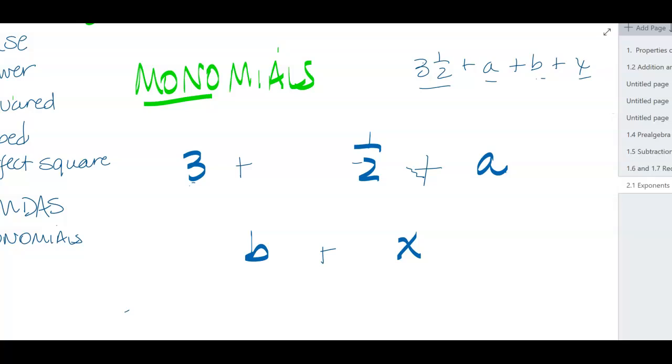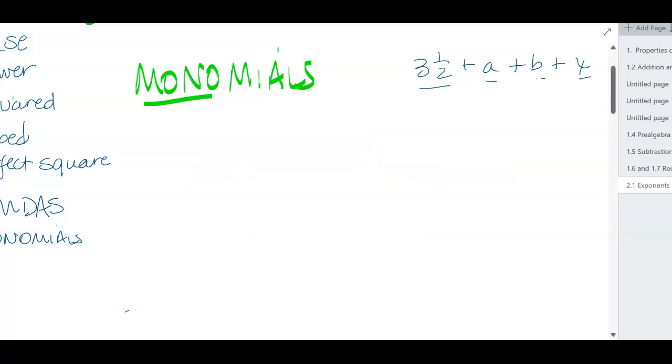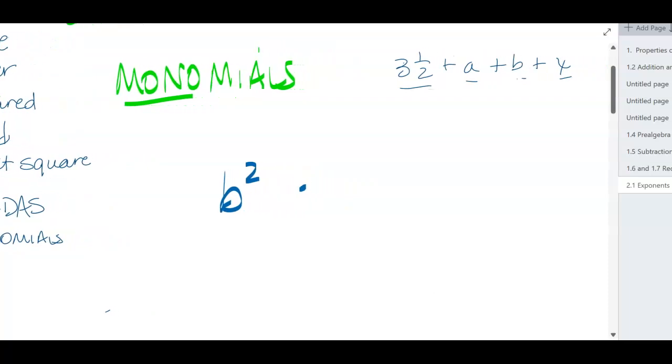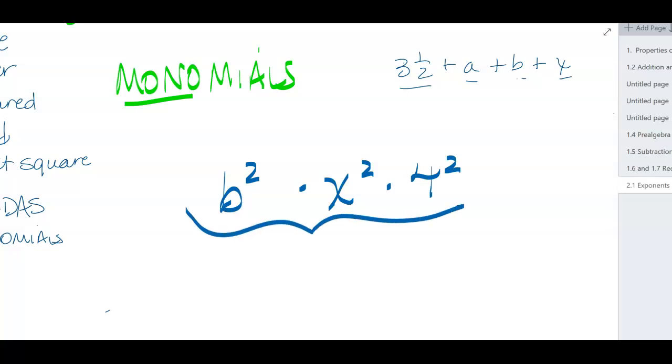There are several terms there because they can't be combined because there's a plus sign between them. However, let's say that I had b squared times x squared times 4 squared. This can be combined to one monomial because there's no plus or minus there.